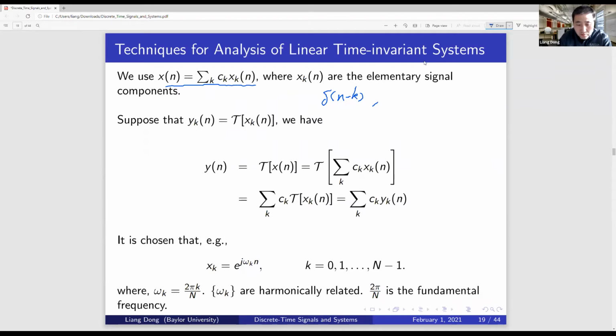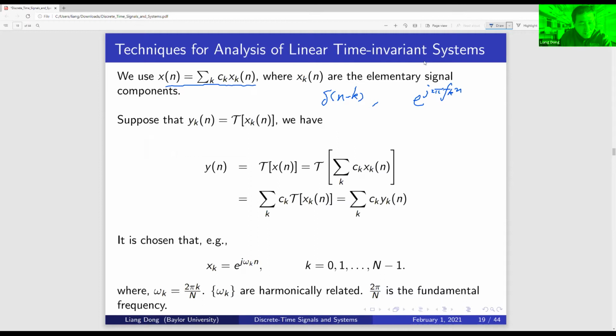We can also use another elementary signal, which is e to the j 2 pi f_k n. This is an exponential function. You can think of that as a delta function in the frequency domain.